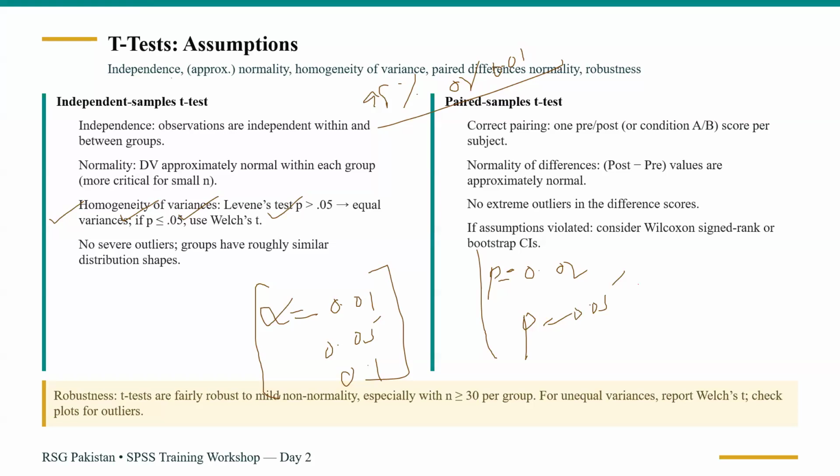There are two types of variable: the independent variable and the dependent variable. Here we are going to test the independent variable between the groups, that is classification.